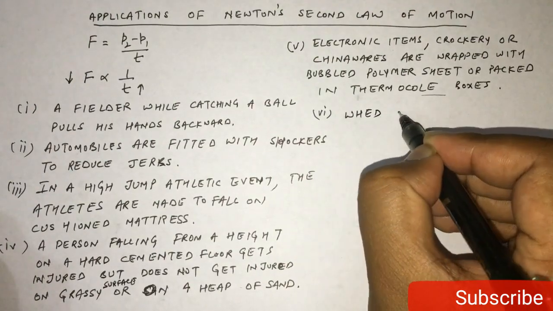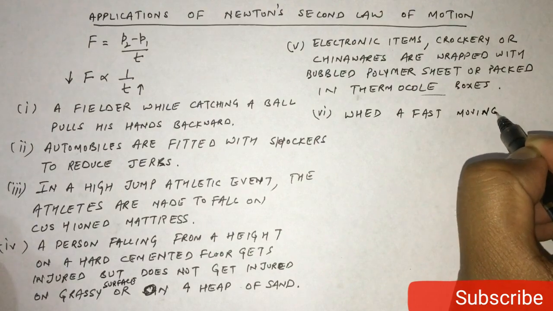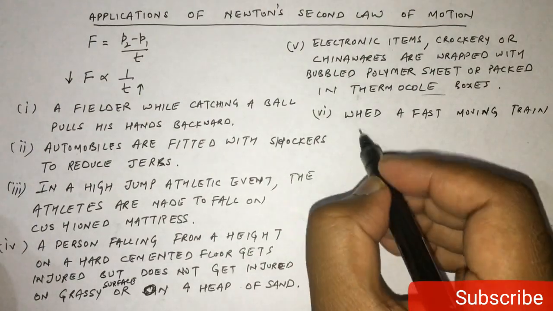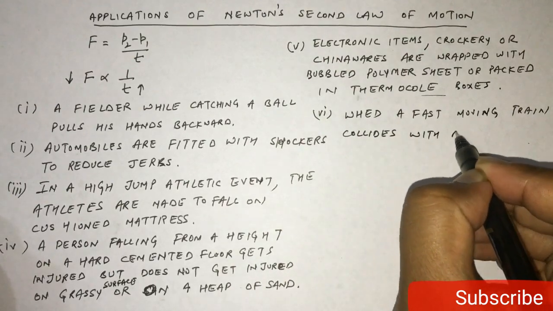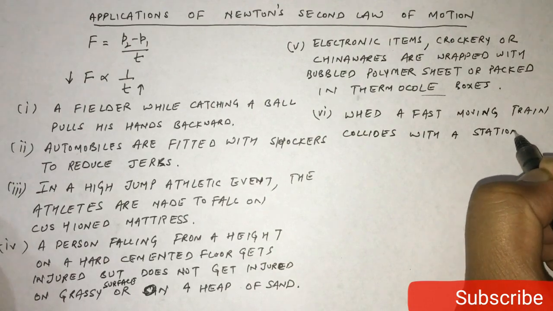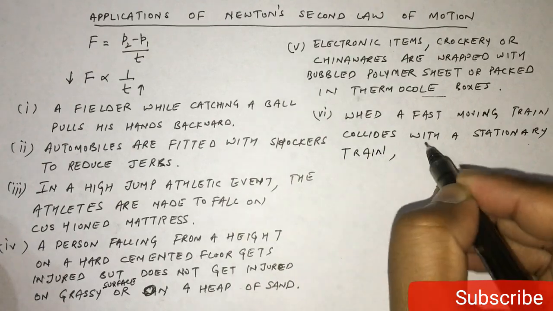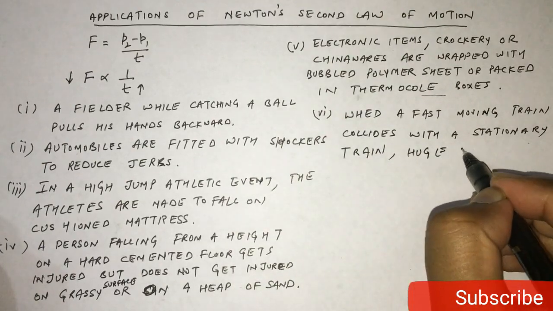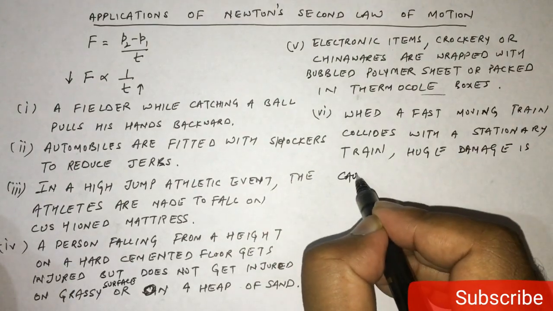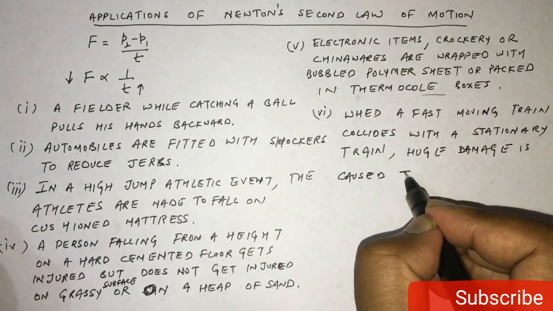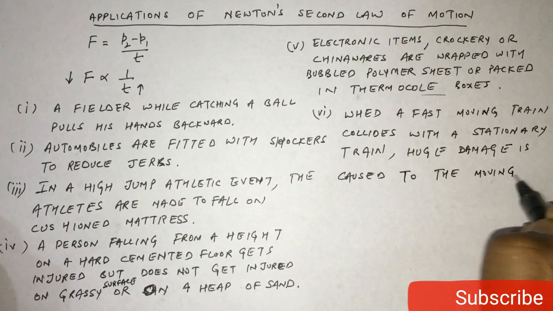When a fast moving train collides with a stationary train, huge damage is caused to the moving train.